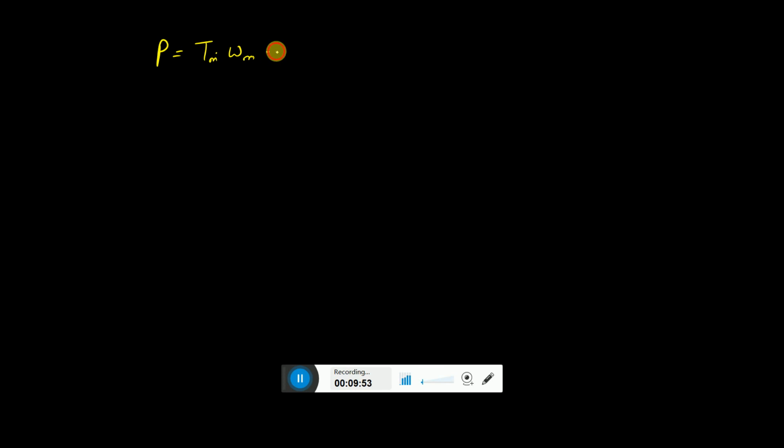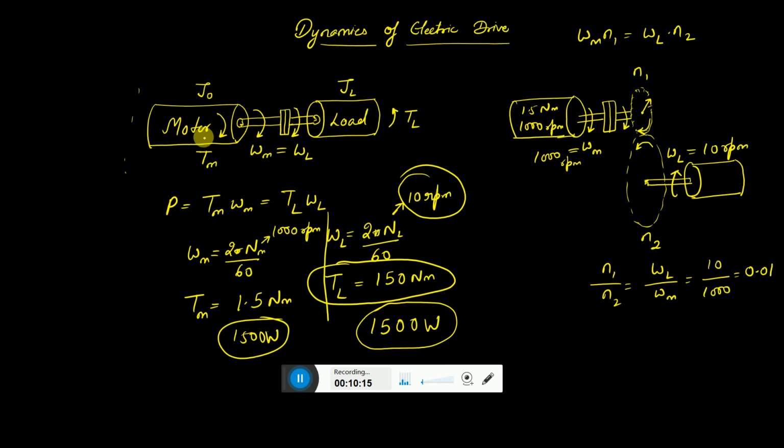Power is also equal to the rate of change of energy. So if a body is there having an inertia J0, suppose a motor is there. What we have seen in the previous circuit is that there are two motors, one motor and one load. Now these are J0 and JL, and let us find out the equivalent inertia out of it.